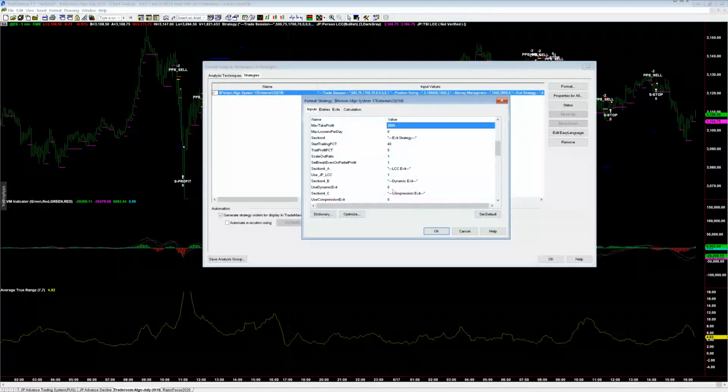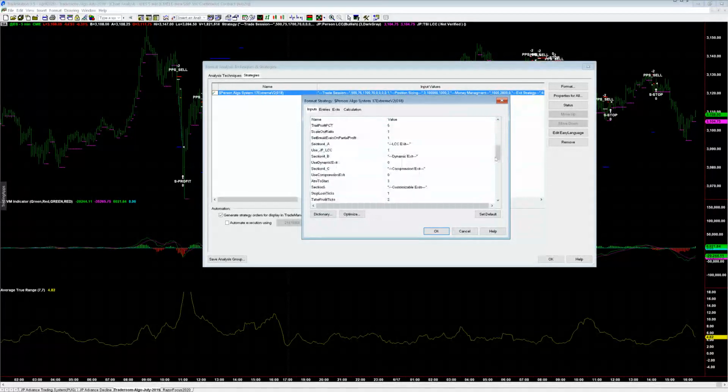If it's a dynamic exit, it's based on a combination of the difference between past last conditional changes that I'm sharing over here. It's not the last conditional, it's an average of the two. And then finally, compression exit is a combination that won't even start to trail until the setting of ATRs.